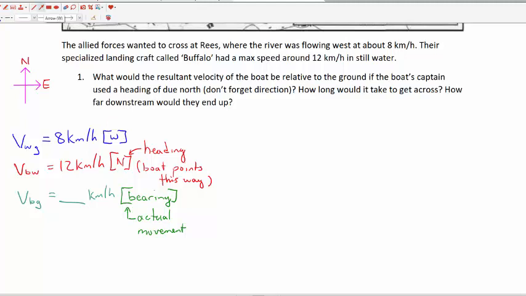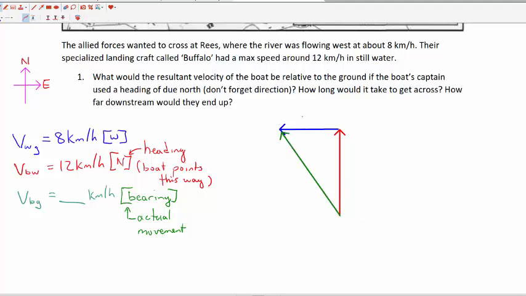Well, I can't do this in a perfect scale diagram right here, but if our river was traveling at 8 kilometers an hour west, and our Buffalo, or modified landing craft, was going a bit faster at about 12 kilometers an hour, then what would result is your landing craft heading downstream.